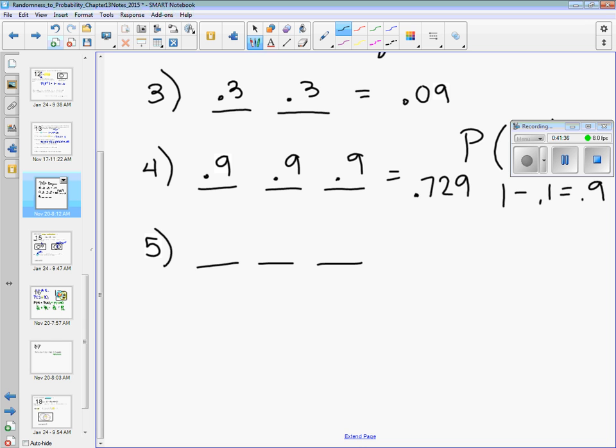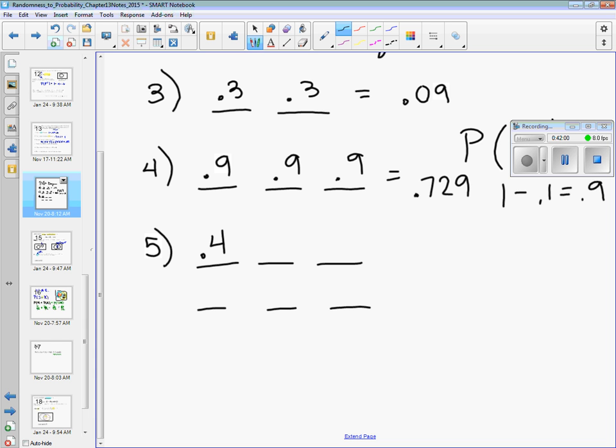This is actually something called a binomial situation, and we'll get to that after Thanksgiving. We're not going to worry about it. We're going to look at it from just a slot diagram perspective. So at least one is U.S. made. Would you agree that we could have just one being U.S. made? And what's the probability of that one, by the way? 0.4. So would you agree that the first one could be U.S. made?